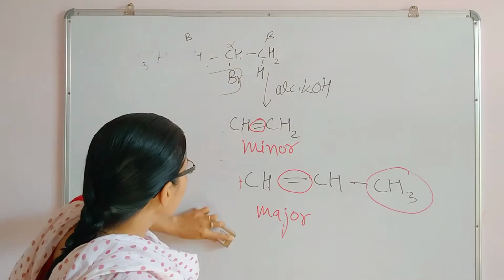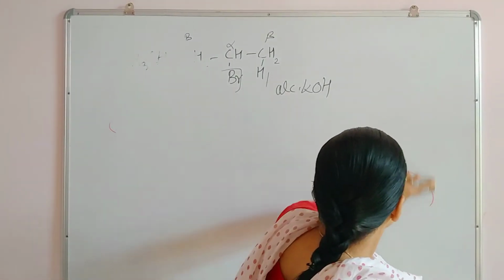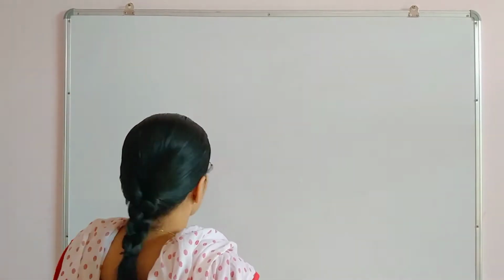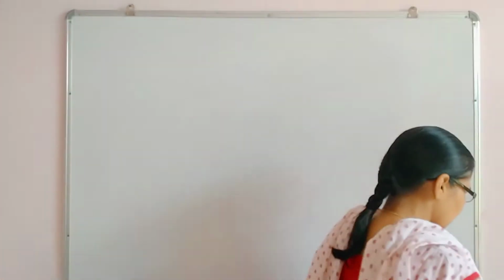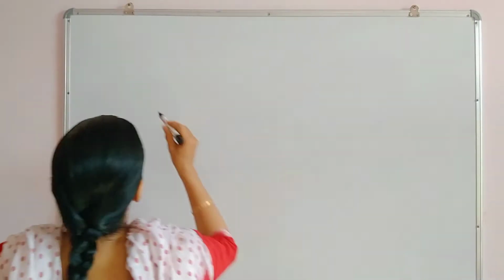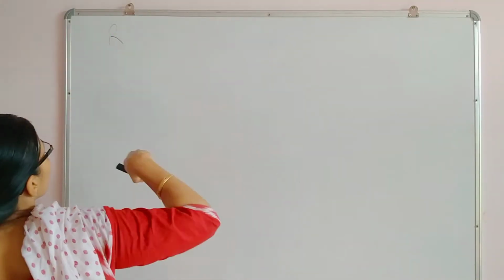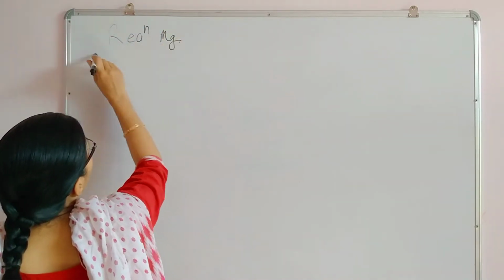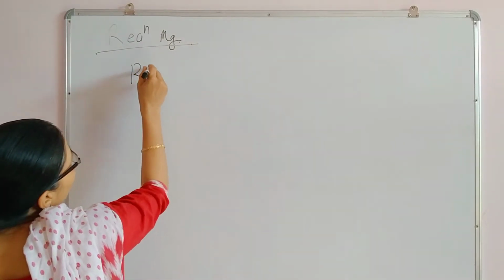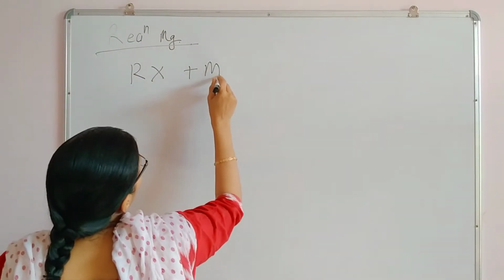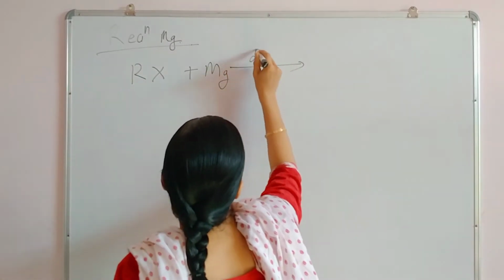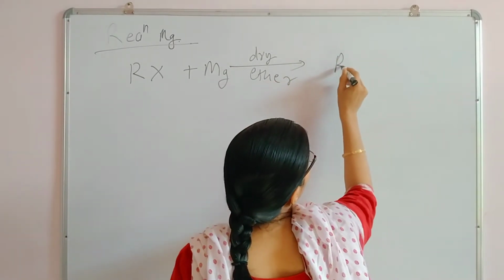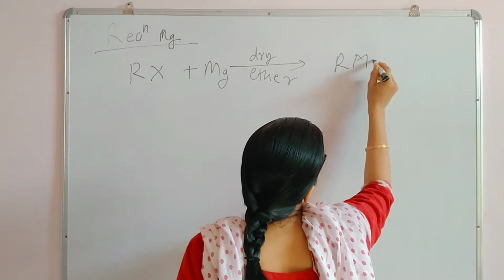Now, some more reactions. Reaction with magnesium. Alkyl halide RX treated with Mg in presence of dry ether forms Grignard reagents.